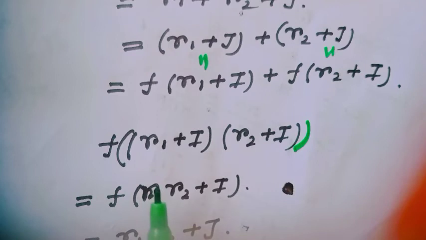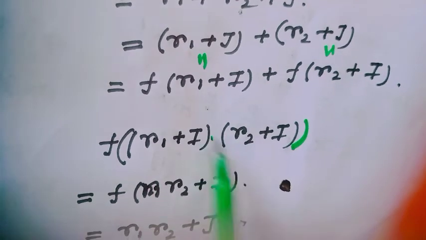Their multiplication would be f of (r1 + I) times (r2 + I).